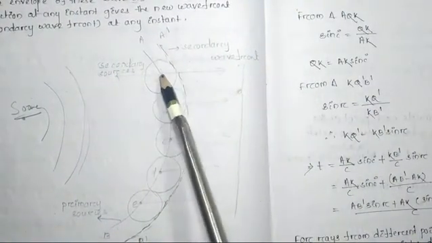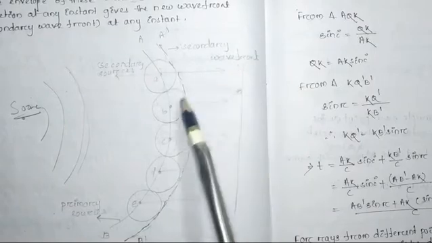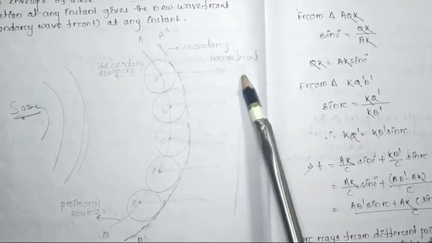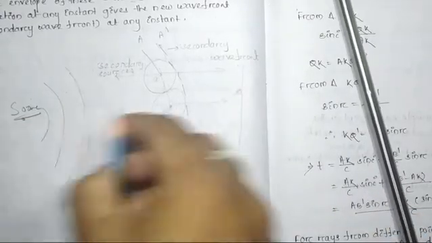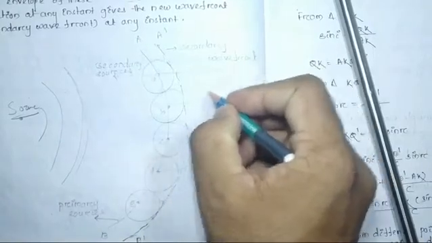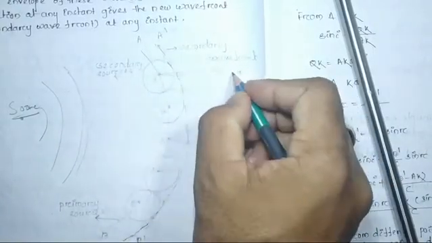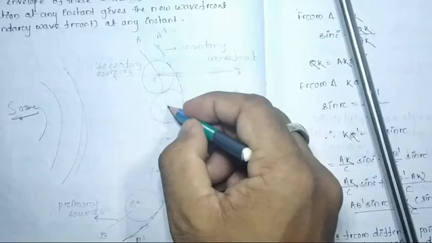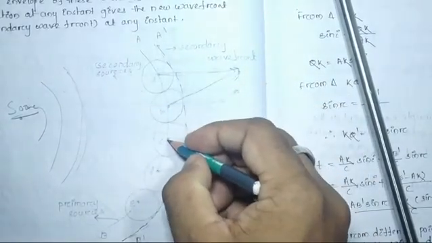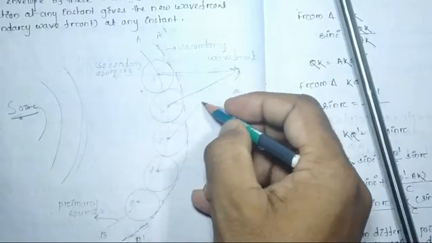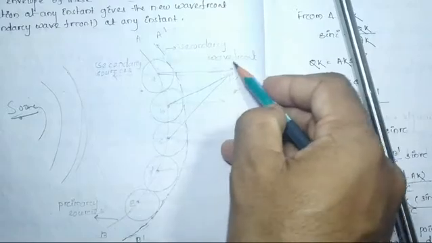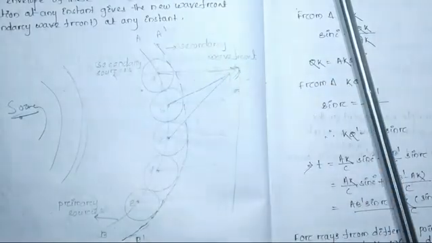If we consider this ray and this ray from this source and this source at a point here, the light from this source goes like this, and from this source it travels in this path, creating the diffraction pattern.